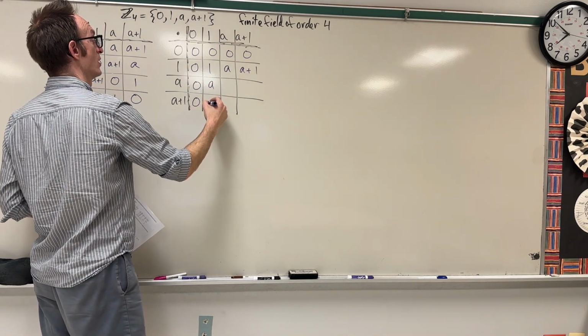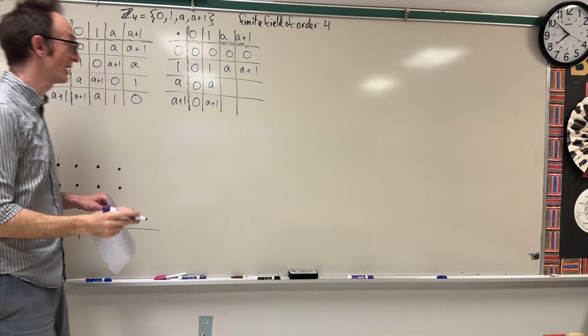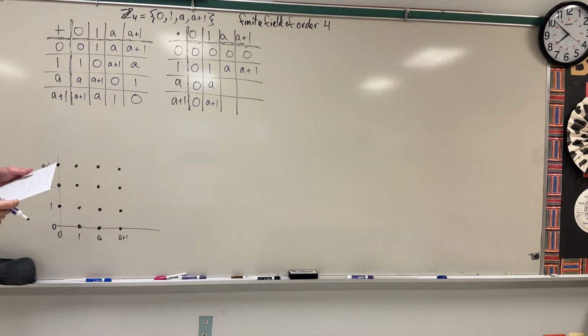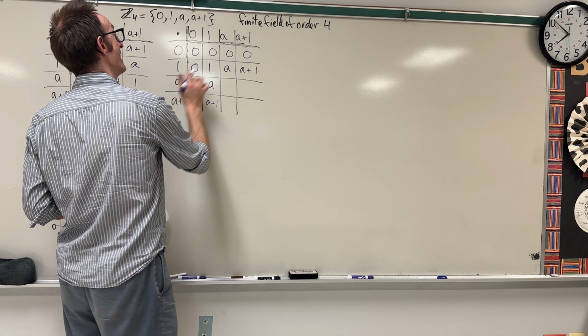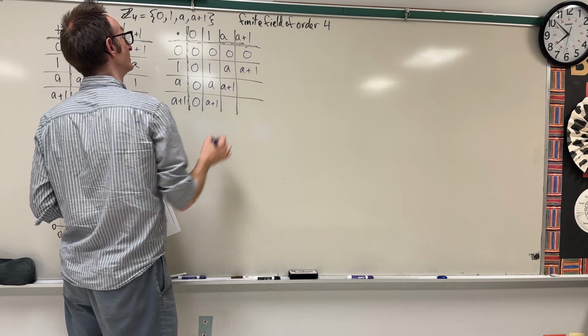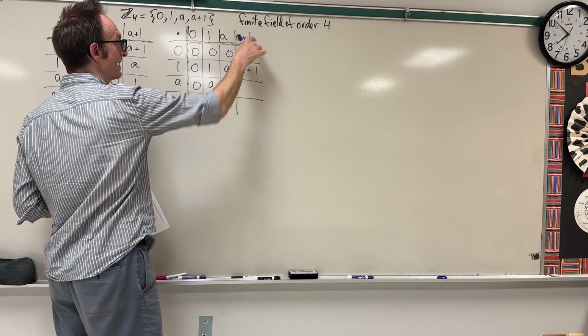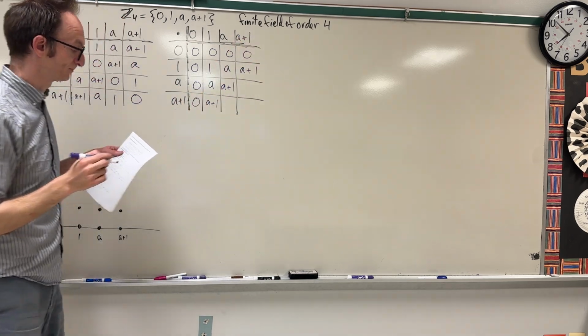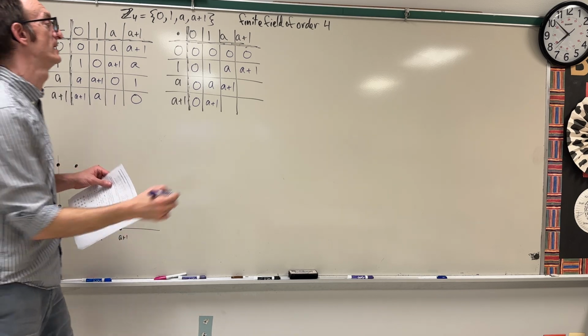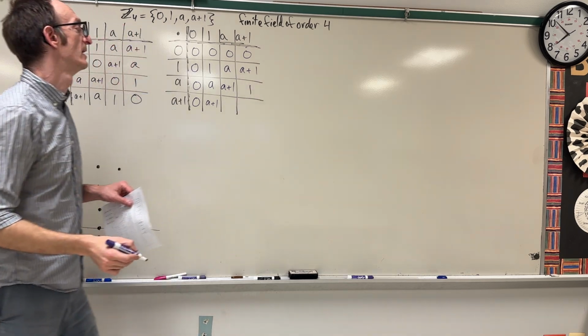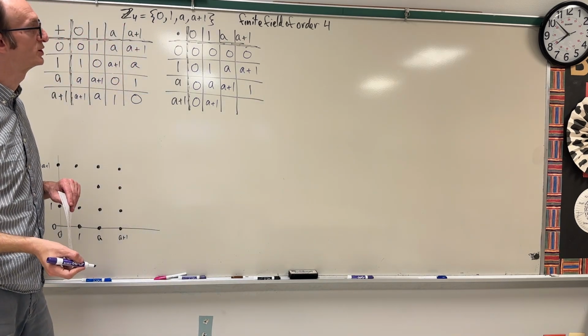And so that part's not surprising. What happens when I multiply A and A? What is the understanding behind this? I'm not going to give you one. A times A is A plus 1. And A times A plus 1, this one is 1. Sure.